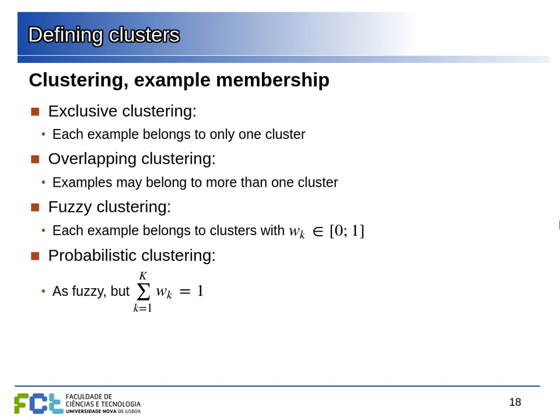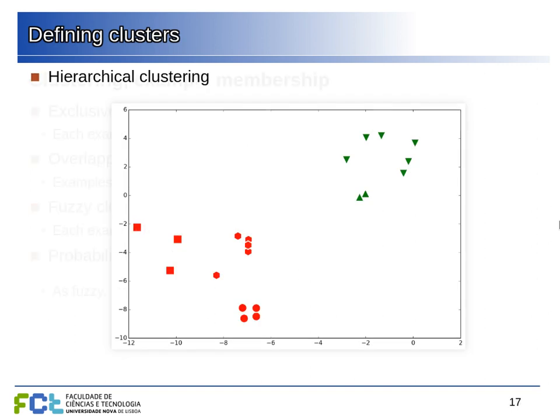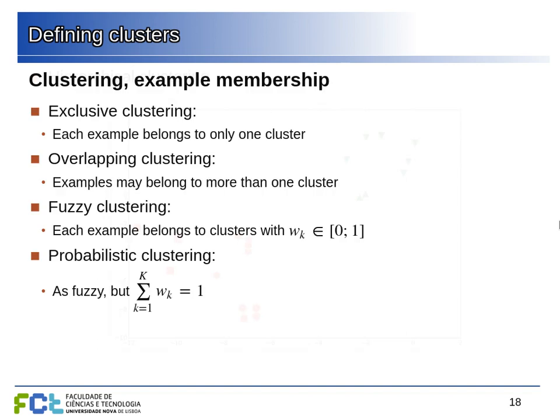So in hierarchical clustering, we have some overlap at the different levels, but then we also need to decide whether we want some overlap at the same level. So whether this hexagon, for example, could belong a bit to the circle or not, or if they must be really distinguished. So clusters may overlap, examples may belong to more than one cluster, and the way in which they belong to more than one cluster can also vary.